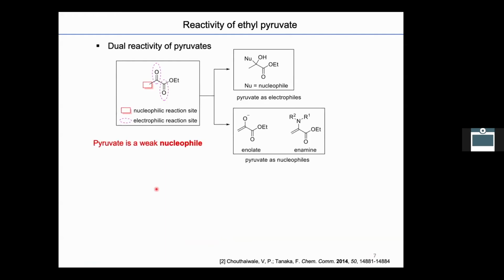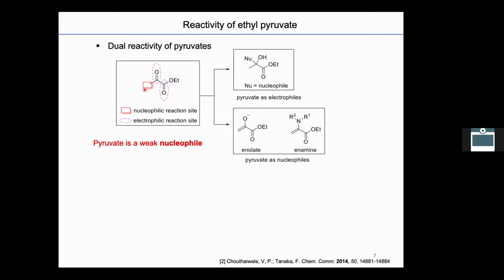Now in this slide, we will look into what the problems are when we want to use pyruvate as a nucleophile. The first problem is that pyruvate is a very weak nucleophile, which means we want to use a property of a molecule which is already lacking. Look at the structure of ethyl pyruvate. It is a three-carbon centered molecule.